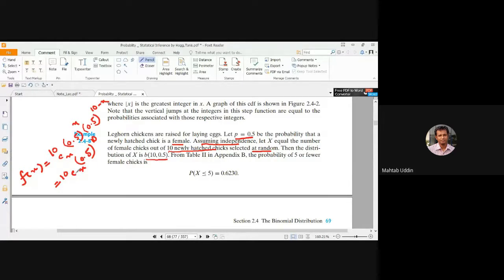Then the probability of 5 or fewer, that is at most 5, is this. Just put here 0, 1, 2, 3, 4, 5 and then add them. This is actually the CDF. You can write here F(5). Okay.